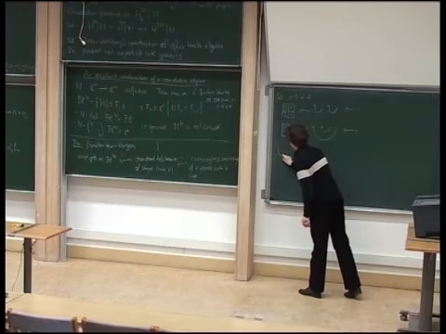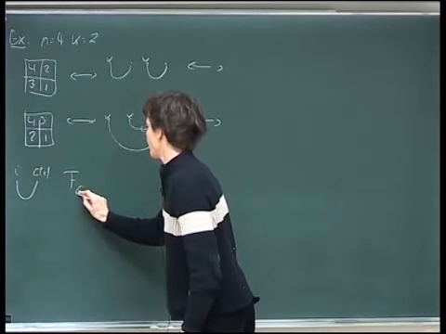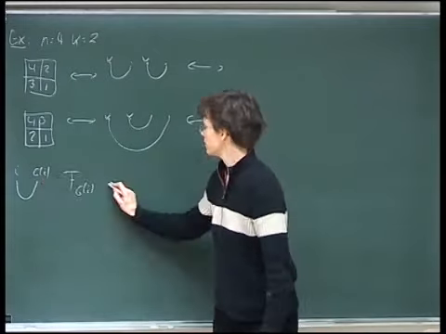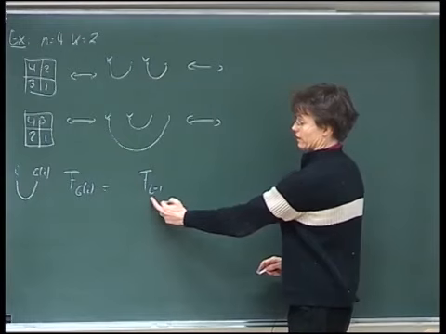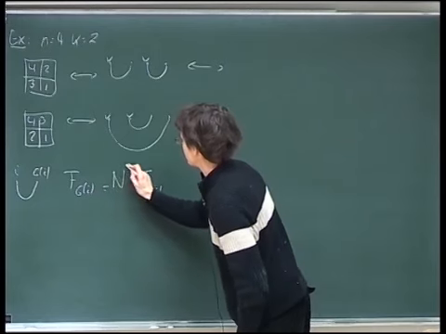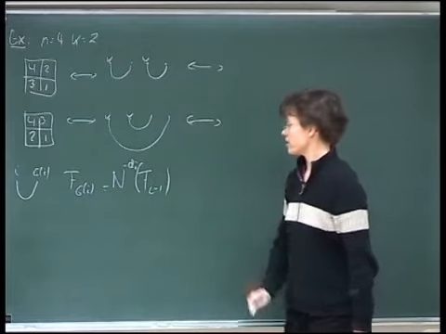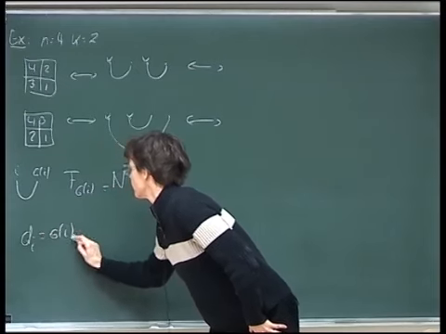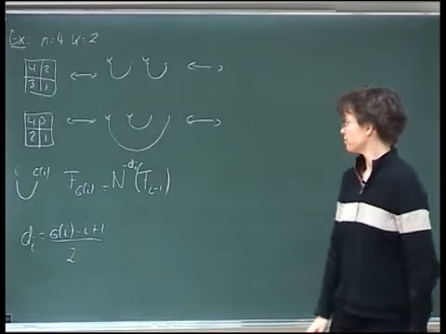If I have a cup like this, then my space in the flag corresponding to the endpoint is given by the space corresponding to the starting point minus 1, and I take a pre-image of it, where this pre-image is built such that the dimension fits. So if you want a formula, it's this thing here.